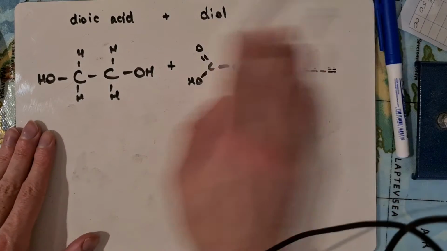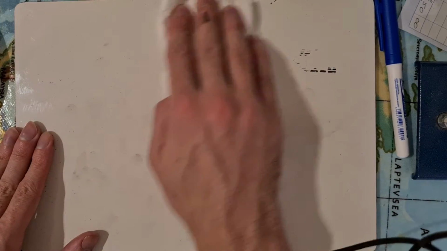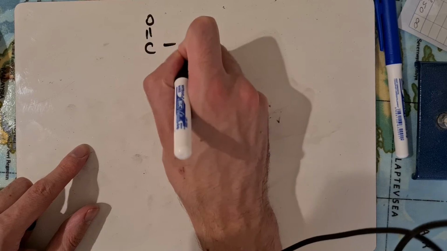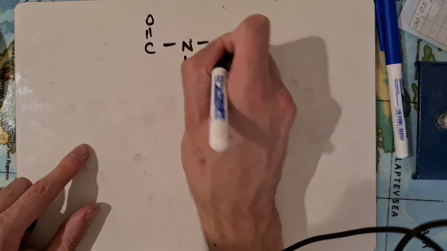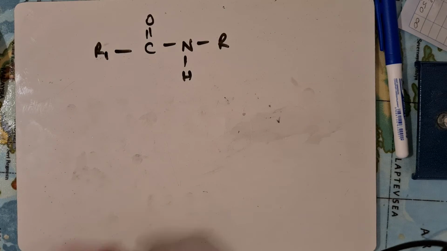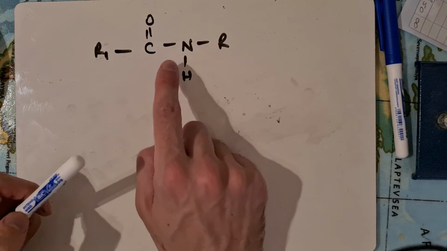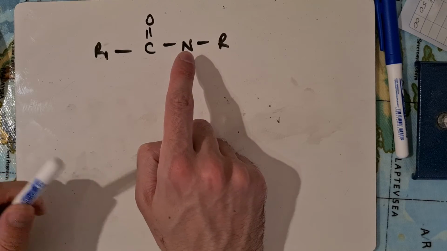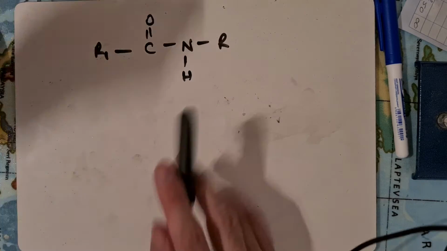So polyamides next, at page 12. Polyamides contain the amide bond, which looks like that. So very similar to an ester, but instead of having COO here, we've got CO to an NH group.